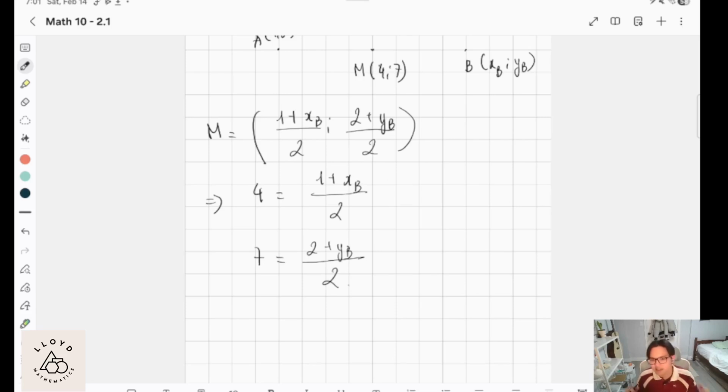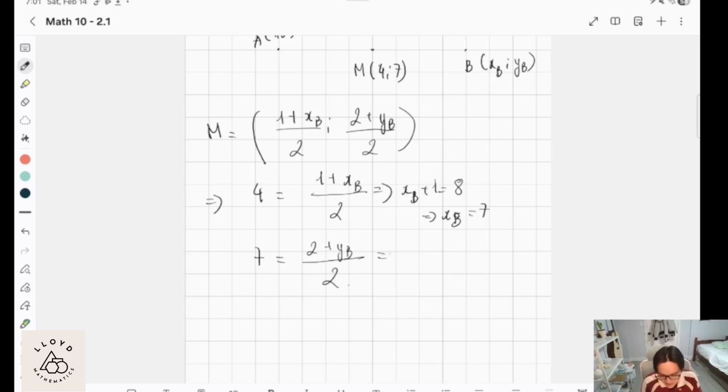So in these equations, we can see that XB plus 1 needs to be equal to 8, which means XB is equal to 7, right?